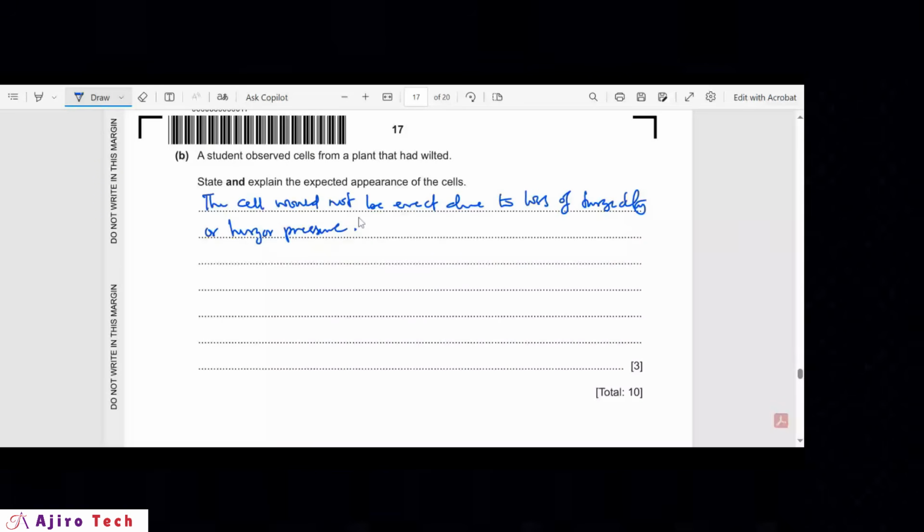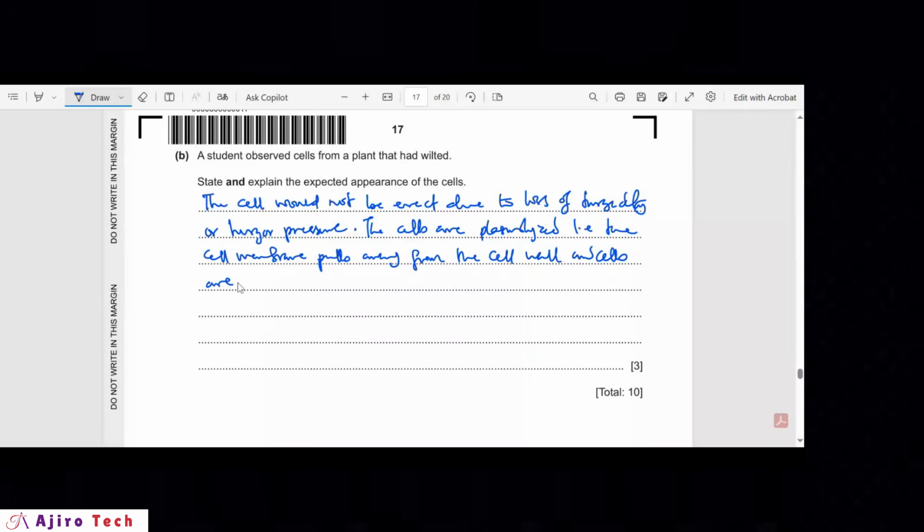So the cells are plasmolyzed. That is, the cell membrane moves away from the cell wall, and cells are no longer turgid.